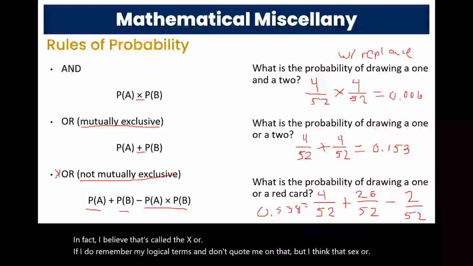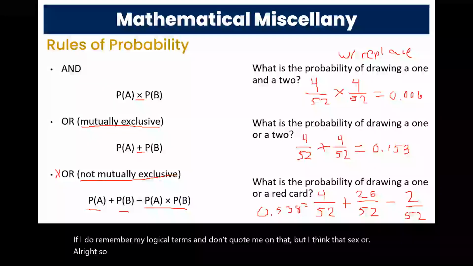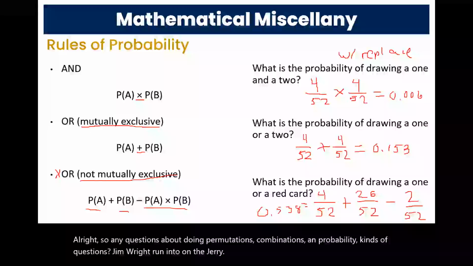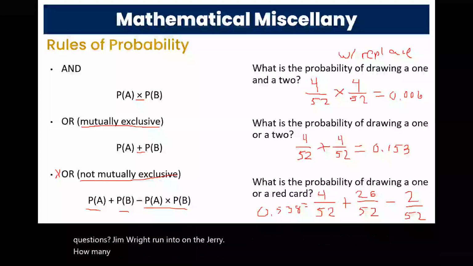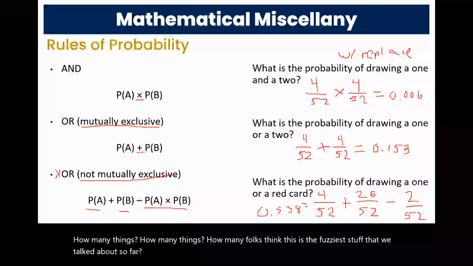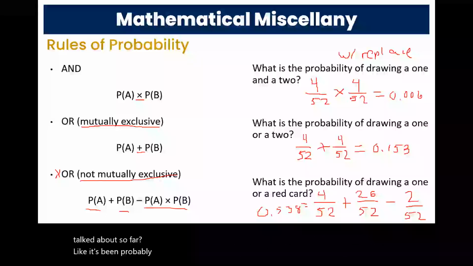All right, so any questions about doing permutations, combinations, and probability kinds of questions that you might run into on the GRE? How many folks think this is the fuzziest stuff that we talked about so far? Like, it's been probably your weakest.